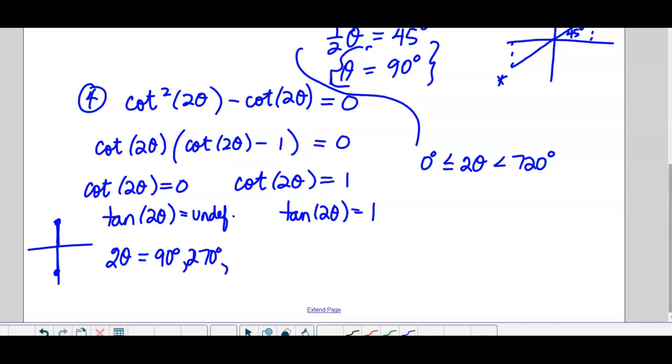The next rotation, 360 plus 90 is what, 450? 270 plus 360 is 630. Oh, 630. I was just doing it in my head. Okay, then I divide by 2. Okay, so that's for this part.